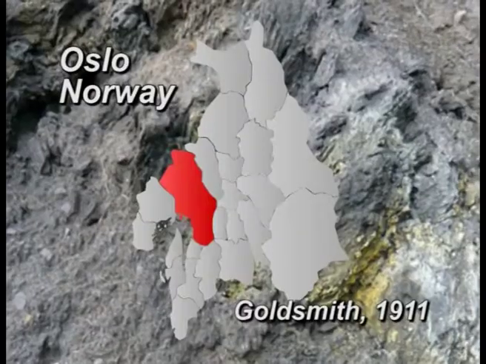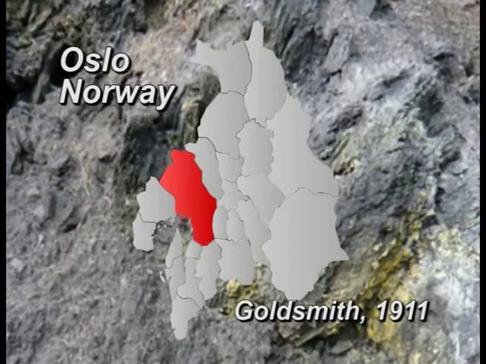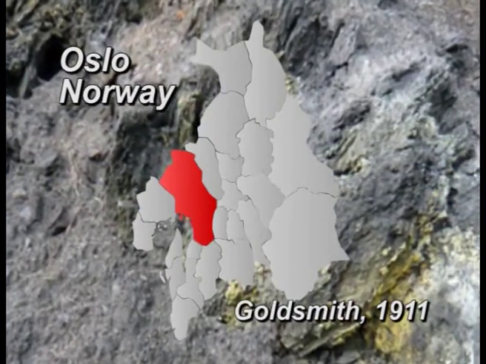From the stratigraphic evidence, Goldschmidt computed the load pressure at the time of metamorphism as between 400 and 1000 bars. The Oslo paragenesis is of special interest because it is a type of aureole for the original hornfels facies.